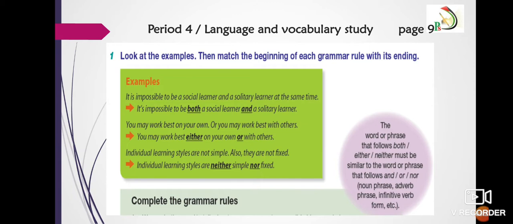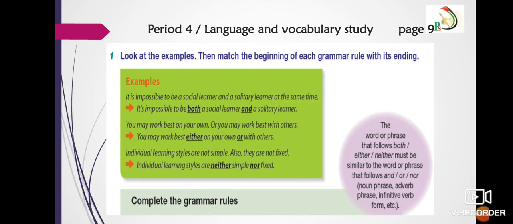Individual learning styles are neither simple nor fixed. Here, see, none of them. Rule A applies on student number 1, but it may not apply on student number 2. As I have discussed this lesson in your class, a few students gave me very good input that, teacher, it depends upon the subject.